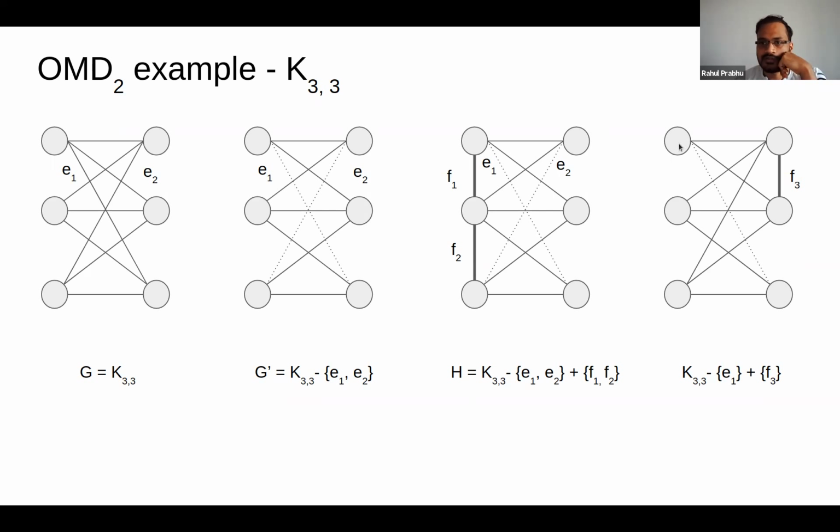When you remove that one edge and add this new non-edge F3, you have what are called tree decomposable graphs. And it's shown that even for tree decomposable graphs, the Cayley configuration space is convex. And you can do the same thing again.